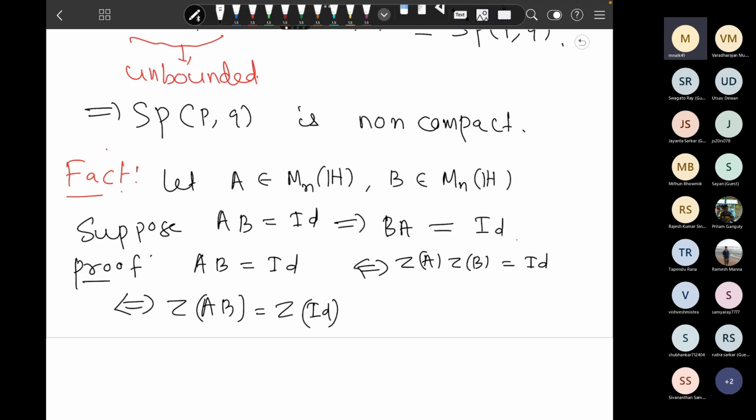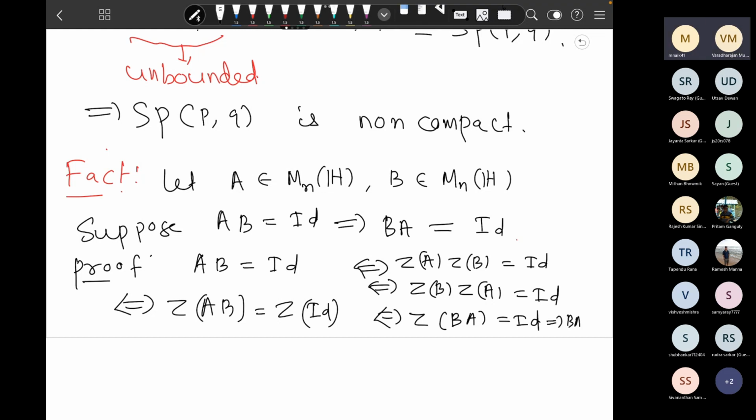Now ZA and ZB are complex matrices, so therefore you can write that ZB ZA is equal to identity. And this is Z of BA is equal to identity. So that implies BA is equal to identity. So this is clear.